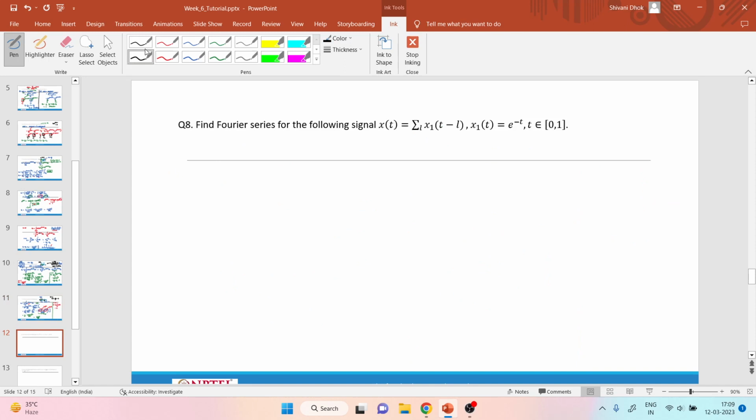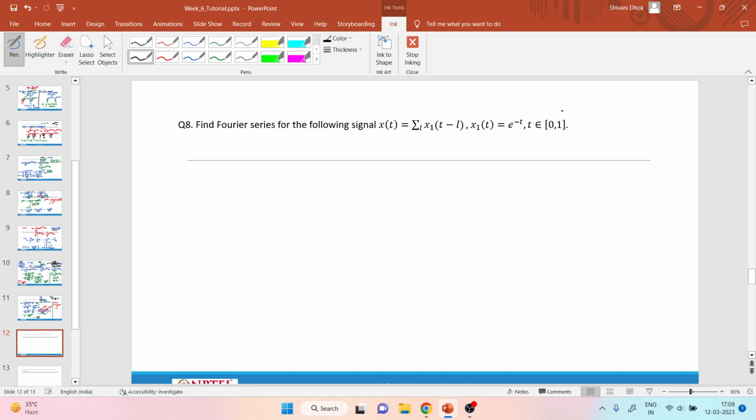Okay, now let us look at this question. Here I have been given x(t) as a summation over l, where l runs from minus infinity to infinity, of x1(t minus l). And this x1(t) is non-zero only for the interval from 0 to 1, and it takes the value e to the power minus t.